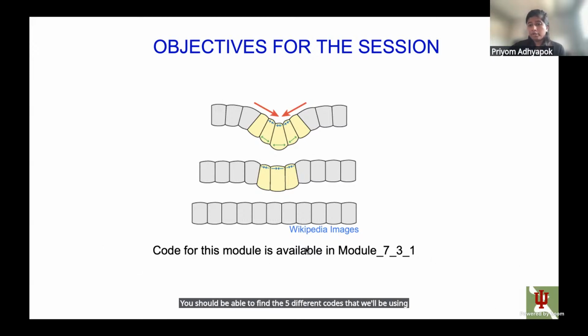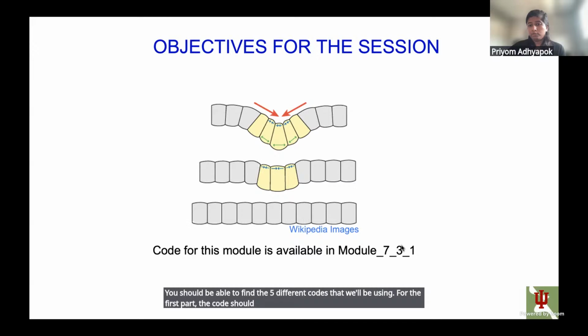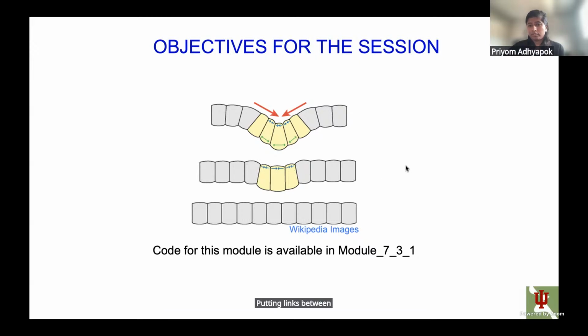For the first part, the code should be in module_7_3_1. That code relates to the first building of the epithelium and basically just putting links between the apical surface. So let's start with that.